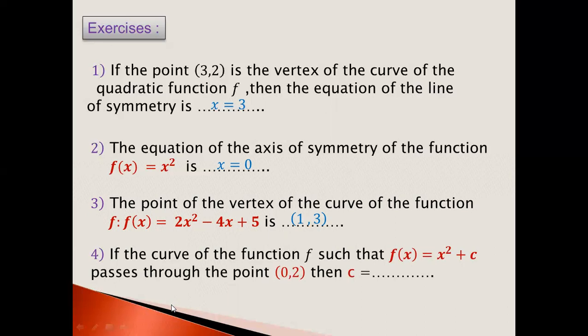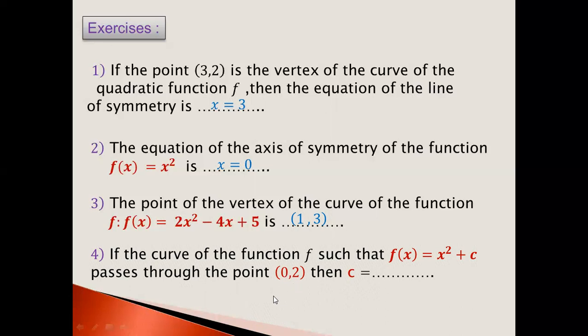Number 4, if the curve of the function f such that f of x equals x power 2 plus c passes through the point (0, 2), then c equals what? Since the ordered pair, the point (0, 2), belongs to the set of the function, that means the image of the element 0 is 2. f of 0 equals 2.